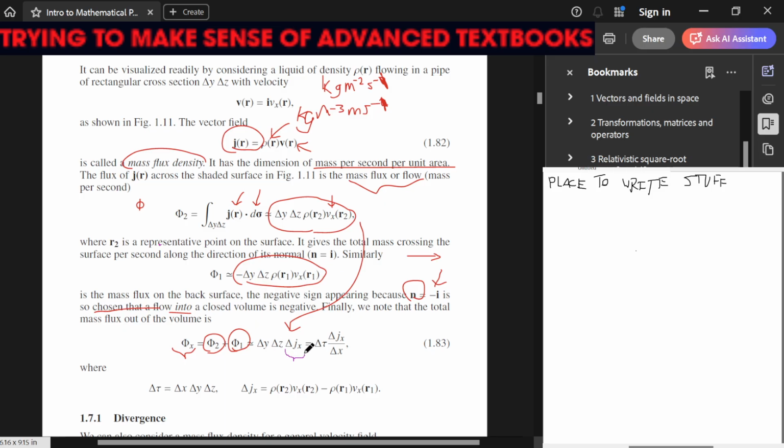Yeah, change in Jx. Right, so if we add these up, we could factor out delta y, delta z, and the stuff that remains should just be the change in Jx, so it makes sense.